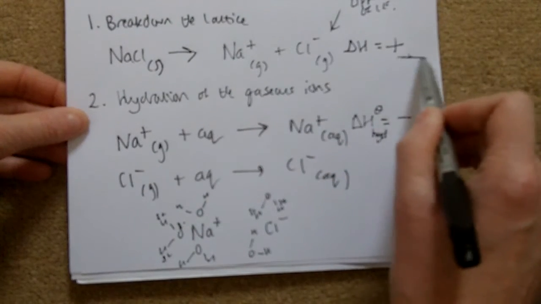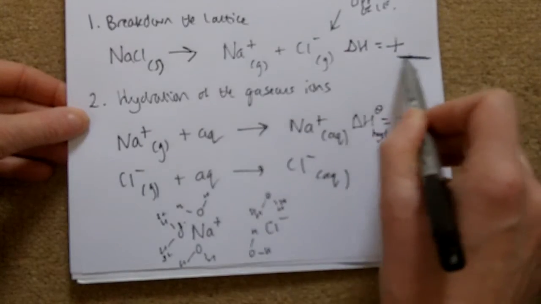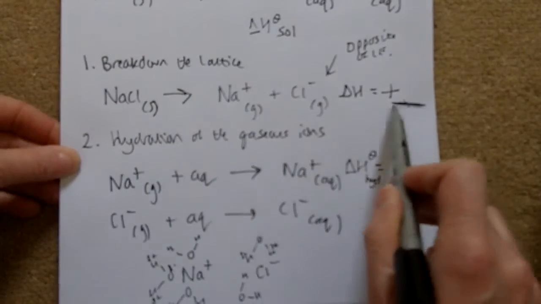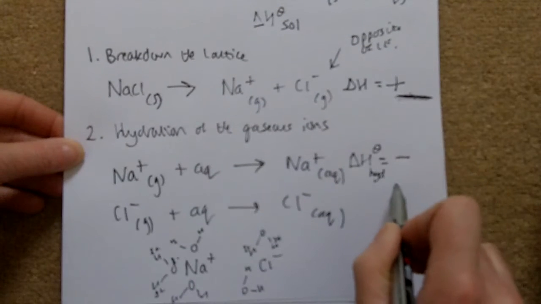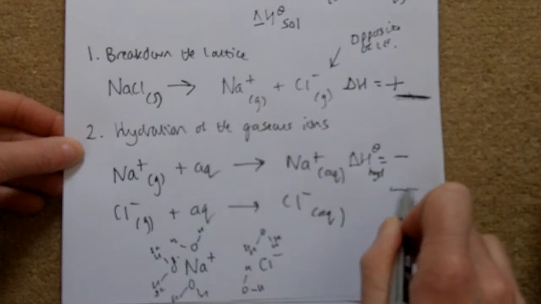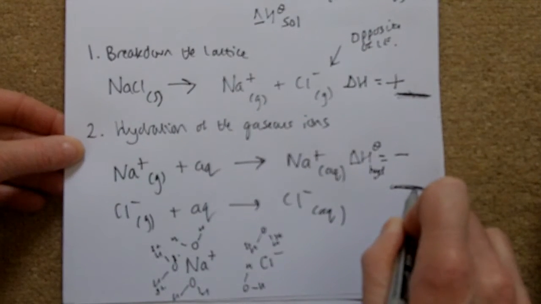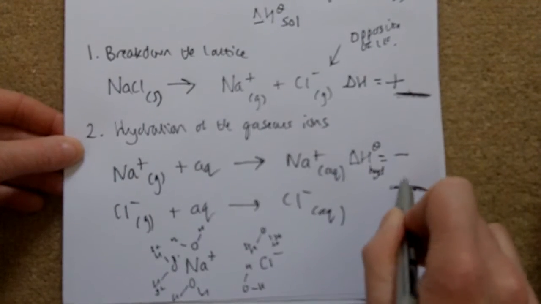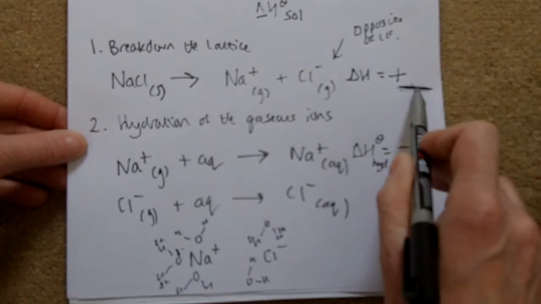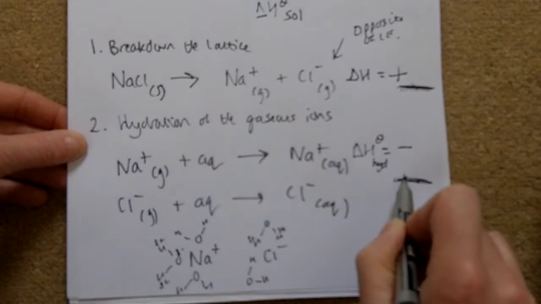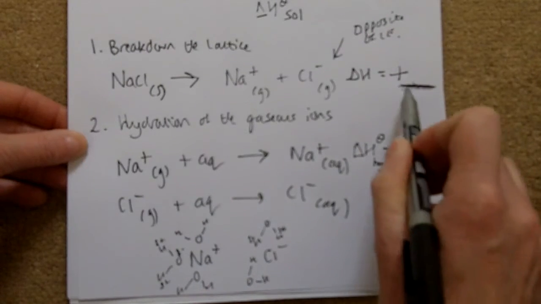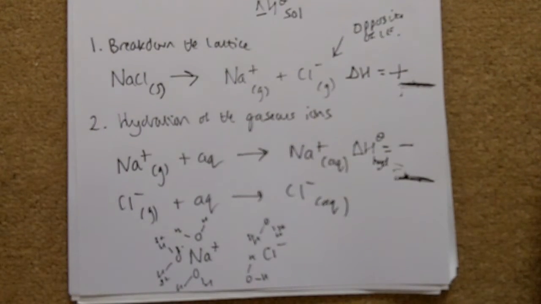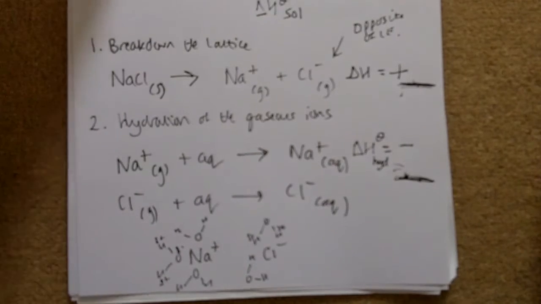This is breaking a strong ionic bond. This is forming an attraction, just an attraction, yeah? This will be a smaller number than this in size, because this is just about forming an attraction, whereas this is about breaking a bond. Okay, right, so next.